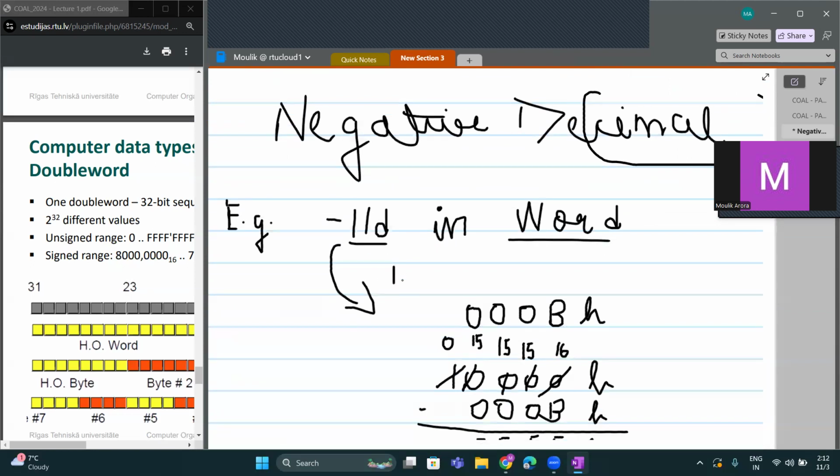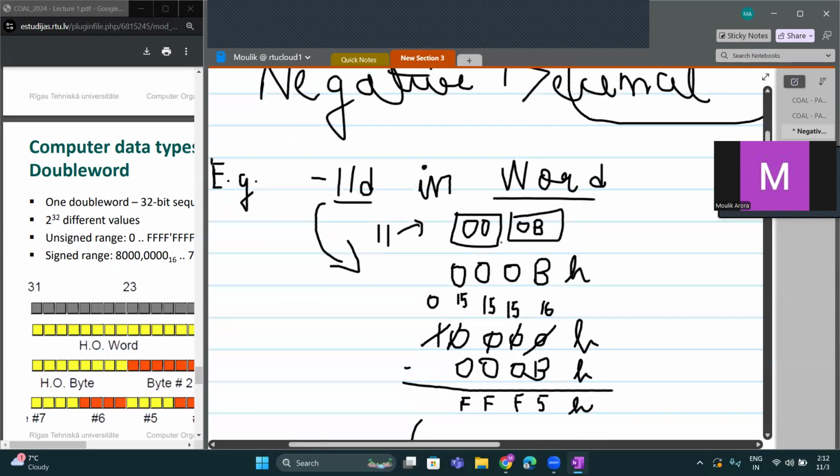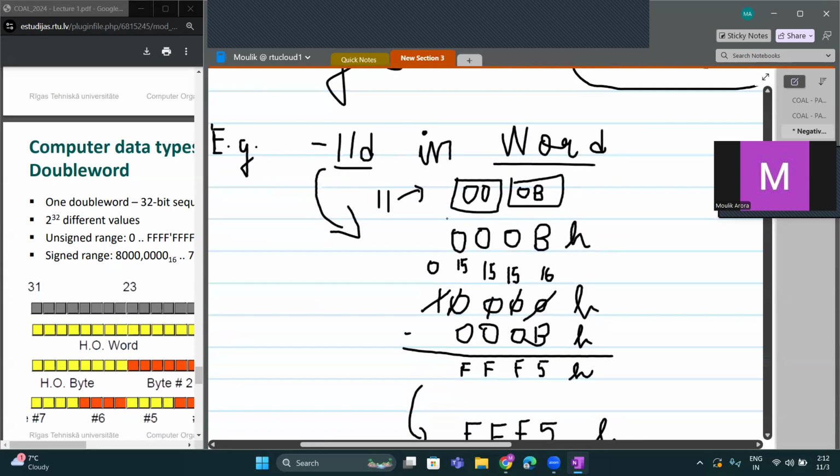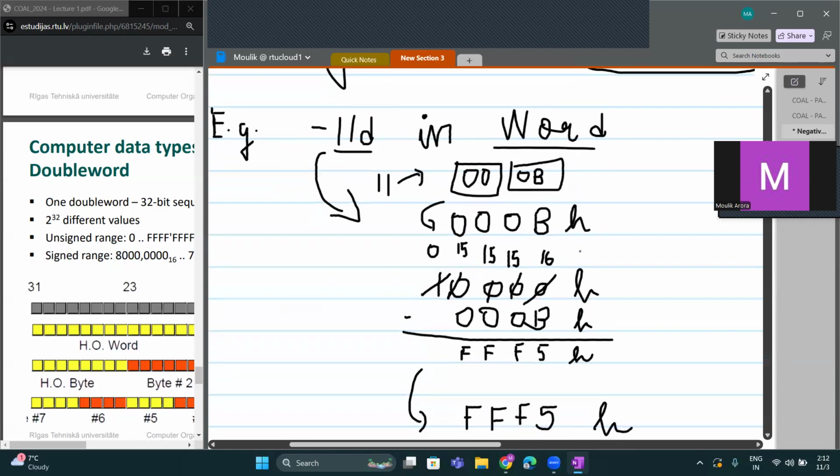So 11 in hexadecimal in word format is 0, 0, 0B. This is how we write 000BH.